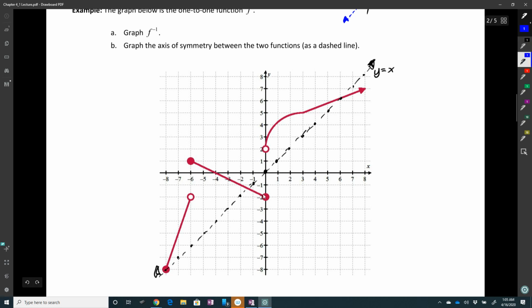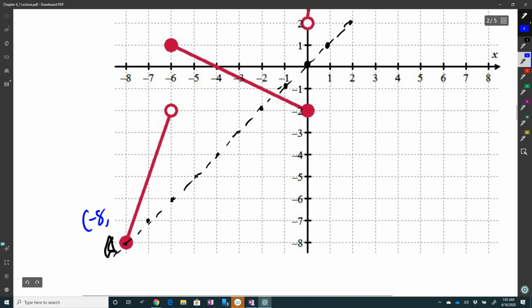And now we're going to graph the inverse. And all the inverse does is it gets all my points and it swaps them. So this point here is (-8, -8). Let me zoom in. (-8, -8). So then the inverse is also (-8, -8). We go to this point.